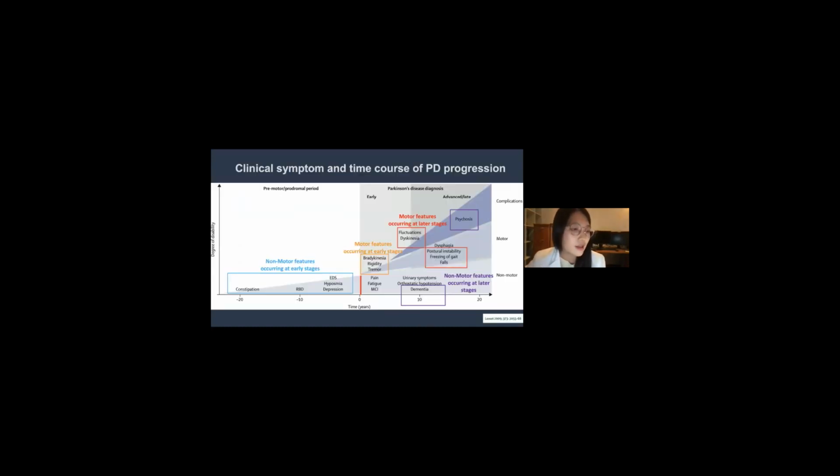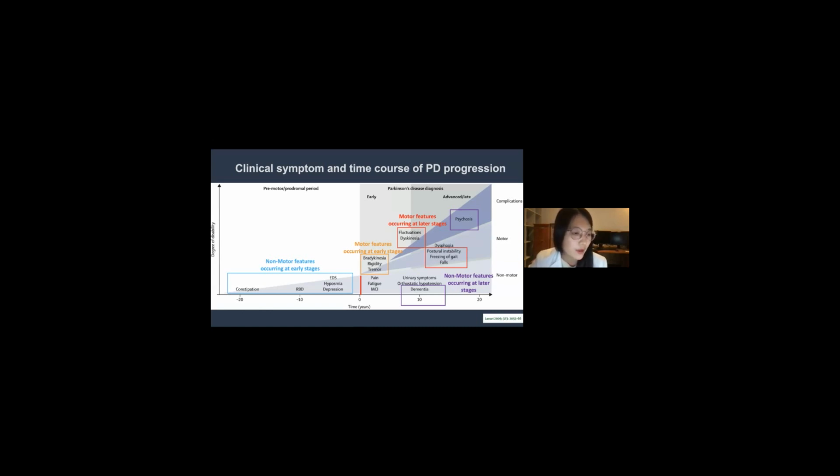This is the clinical symptoms and time course of Parkinson's disease progression. Diagnosis of Parkinson's disease occurs at the onset of typical motor symptoms such as bradykinesia and rigidity, at the time 0 years point on the red bar here. But the clinical onset can be preceded by a long premotor or prodromal phase of more than 20 years.